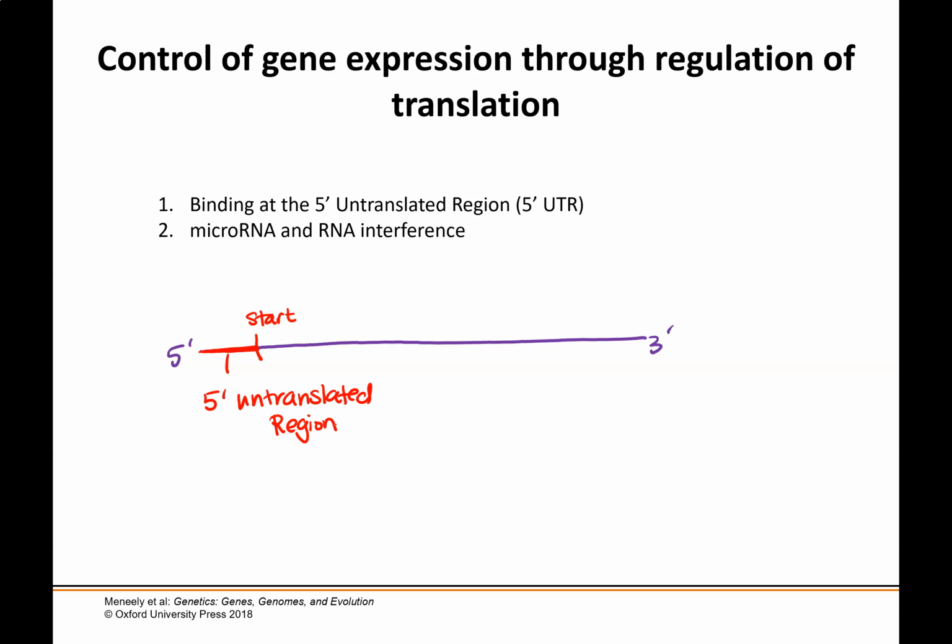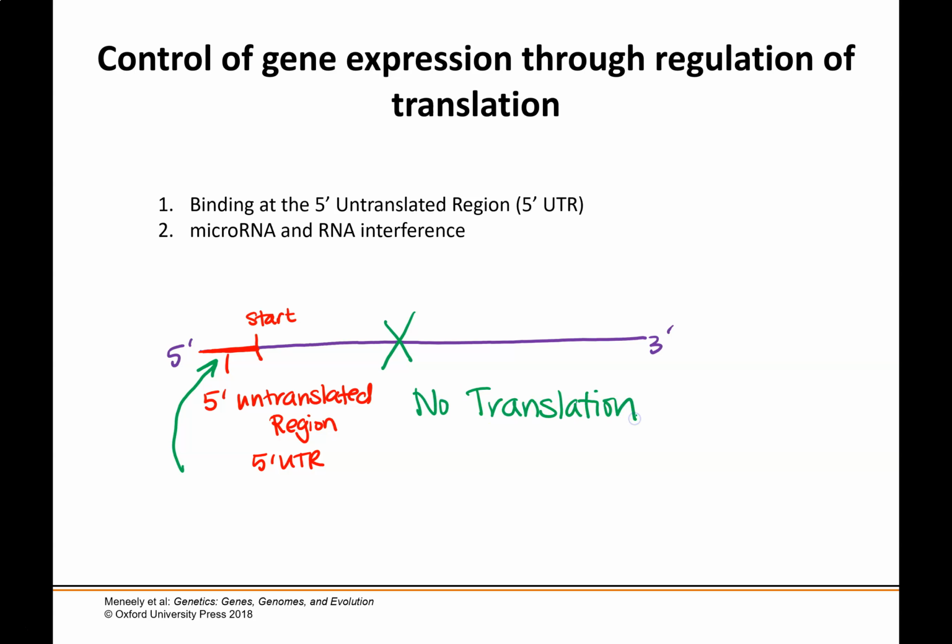So this 5' untranslated region, also called the 5' UTR, is a binding point for regulatory molecules that can block the translation of this molecule. So if regulatory molecules bind this messenger RNA at the 5' UTR, there's going to be no translation.